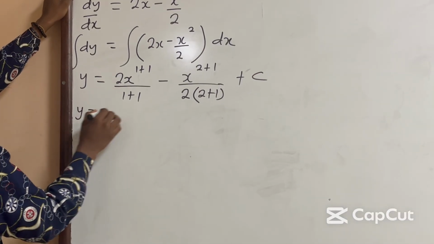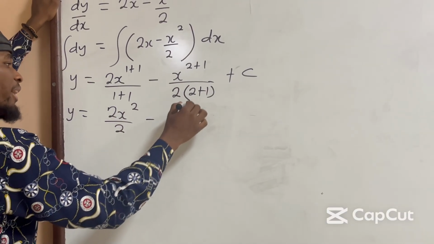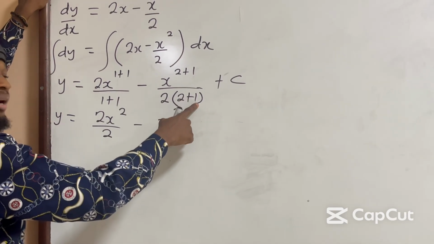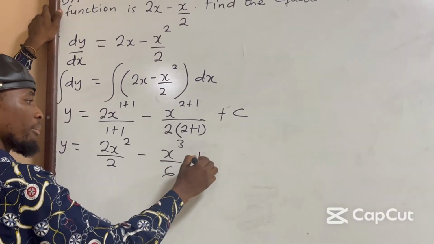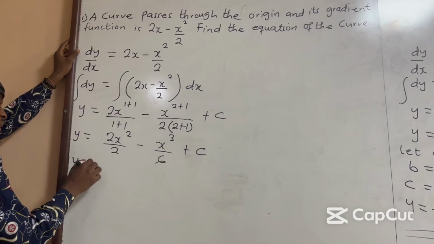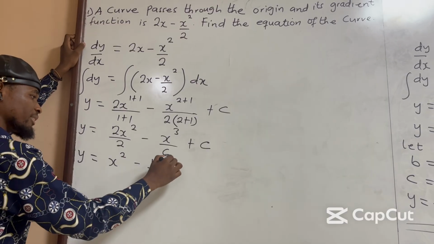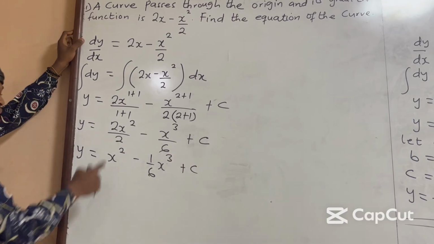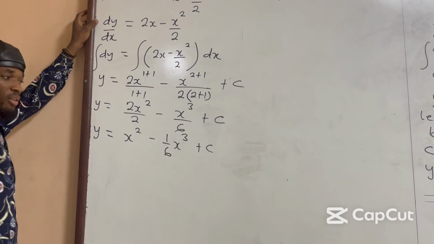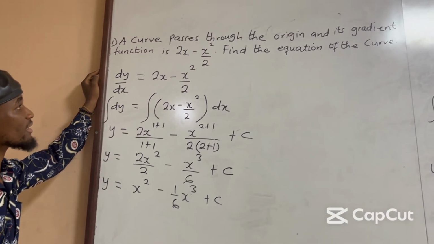So I have y equal to 2x squared over 2 minus x cubed over 6, because 2 plus 1 is 3, 3 by 2 is 6, plus c. So y is equal to x squared minus 1 over 6 x cubed plus c. 2 cancels 2, I have x squared, as simple as that.